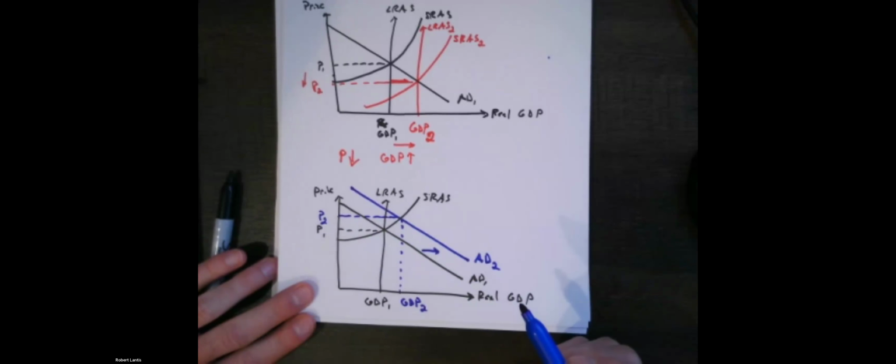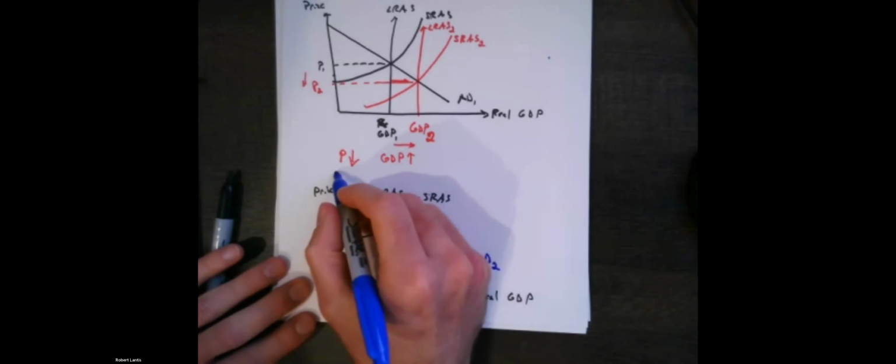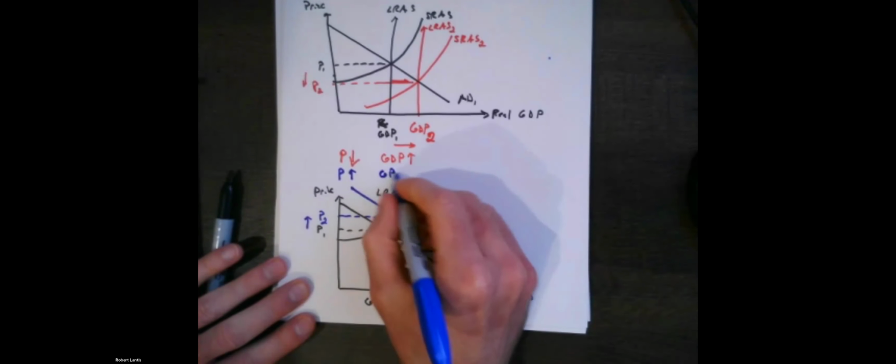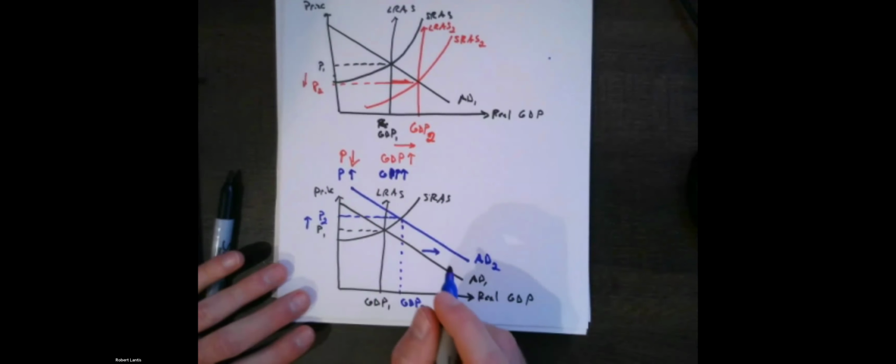And in the short run, prices are also going to be higher. So we see that prices go up as a result of that aggregate demand increase, and real GDP also increases.